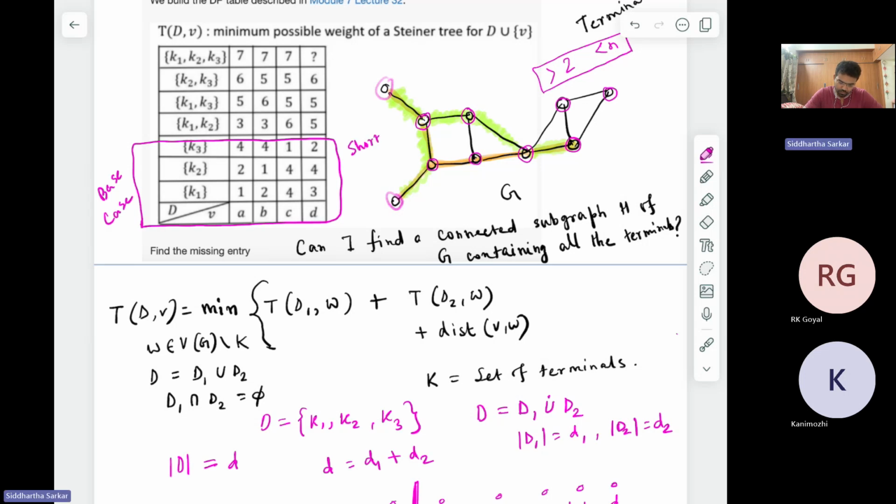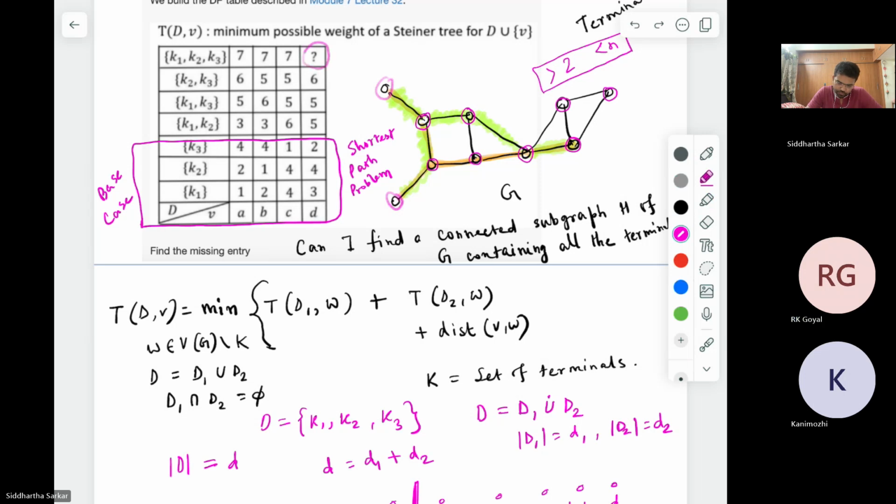Shortest path problem. So now we are interested in finding this entry. This last entry, what does this entry correspond to?